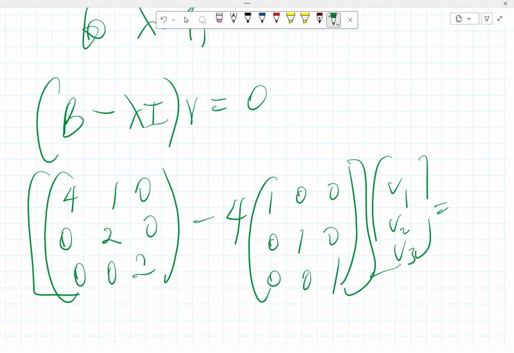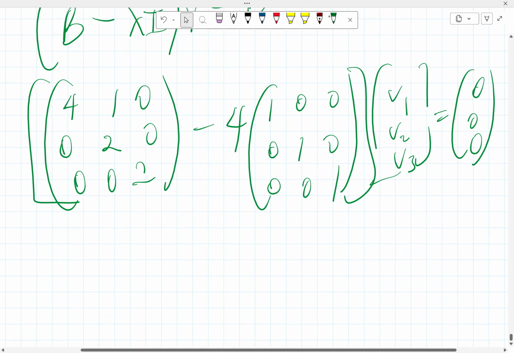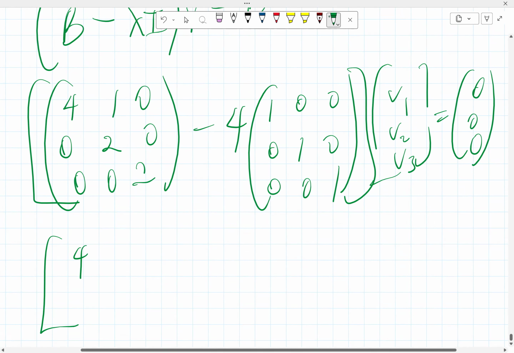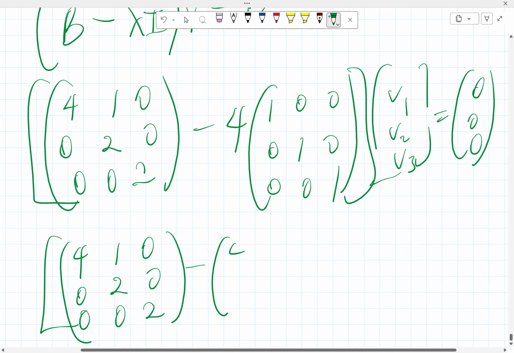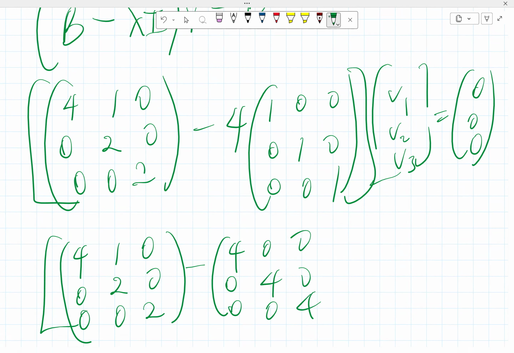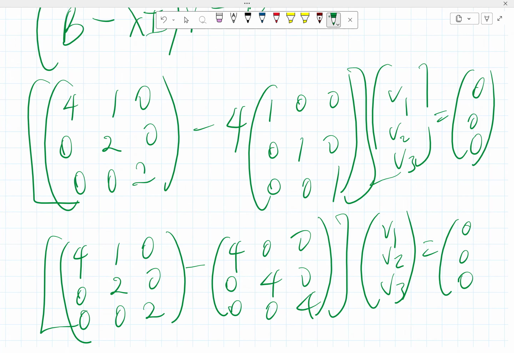And that is equal to 0, 0, 0. So we tidy this up. We have 4, 1, 0, 0, 2, 0, 0, 0, 2, minus 4, 0, 0, 0, 4, 0, 0, 0, 4, into v1, v2, v3 equals 0, 0, 0.